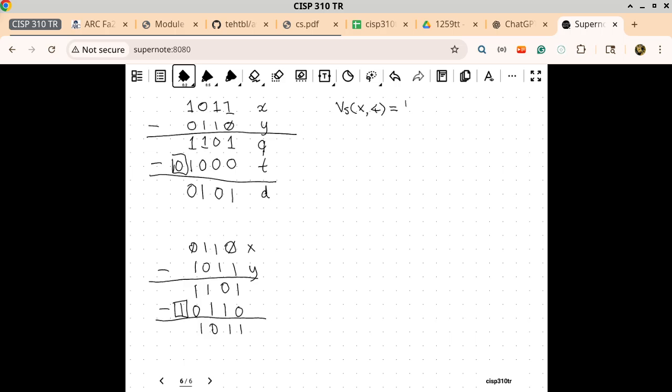So this would be 1 plus 2 minus 8, which is a negative 5. Is that okay? This is a direct application of the definition of VS as defined a little bit earlier.